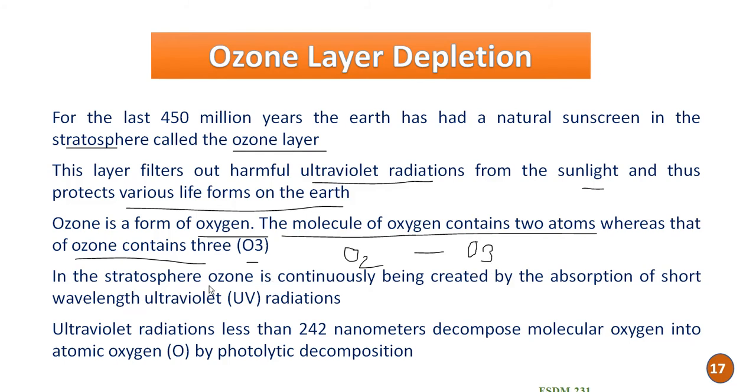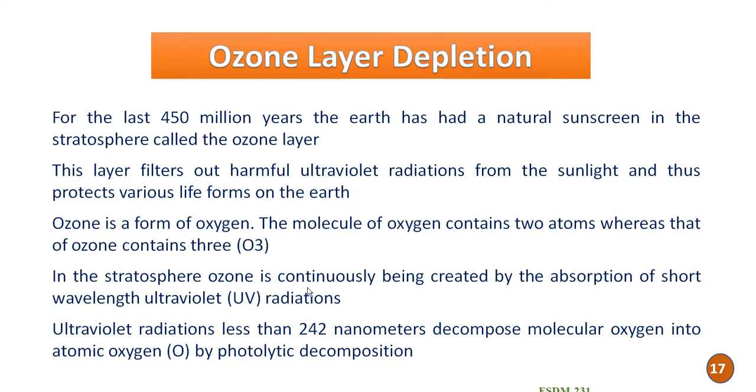In the stratosphere, the ozone is continuously being created by absorption of shortwave ultraviolet radiations, and ultraviolet radiations less than 242 nanometers decompose the molecular oxygen into atomic oxygen, that is nascent oxygen, by photolytic decomposition.